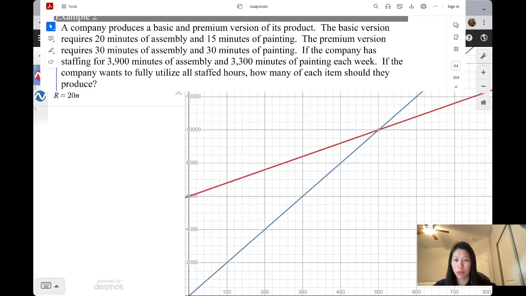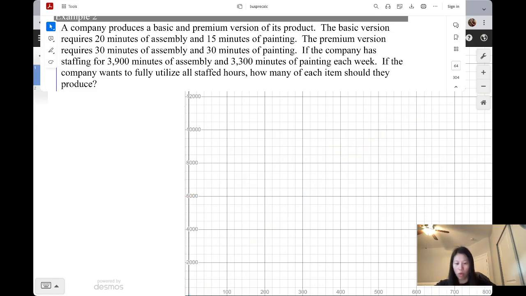So for the decimal version, we have 39 equals 20x plus 30y, and then we have 33 equals 15x plus 30y. Now we're supposed to see a green line and a blue line.